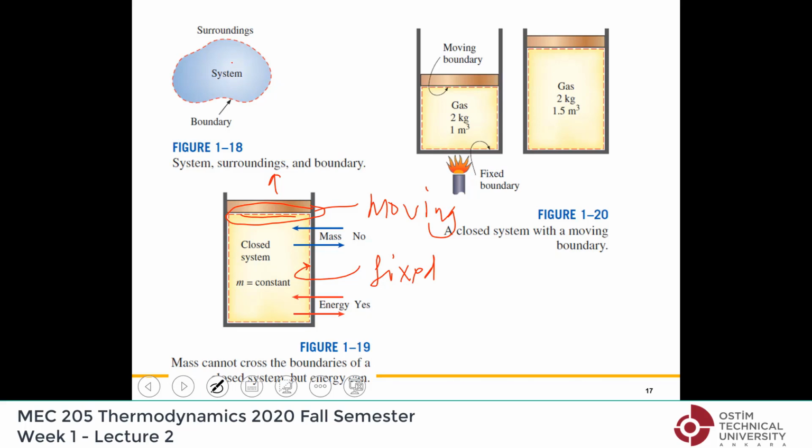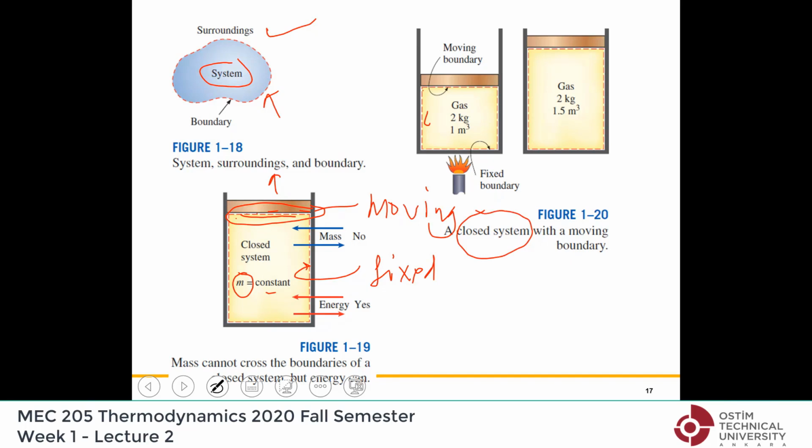So this is the system, anything outside is the surroundings, and that dashed line is the boundary. And here we notice that the amount of mass inside is fixed, it is constant. And if the mass is fixed, and you choose that mass for analysis, it is called a closed system.